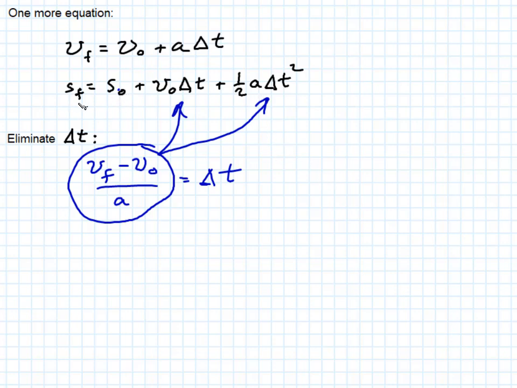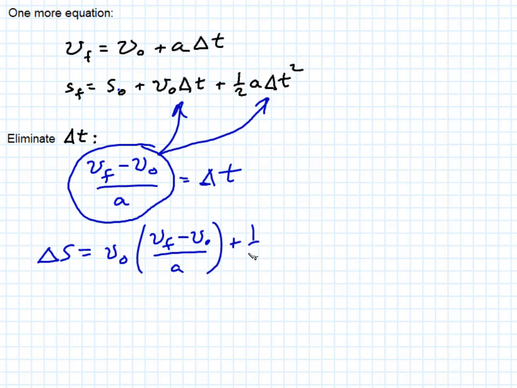In fact, I'm going to bring the s's together, it turns out. Sf minus S naught is just going to be delta S, is equal to V naught times delta t, which is this expression, plus 1/2 a delta t squared.